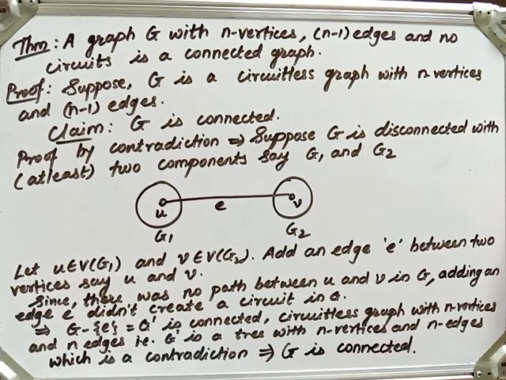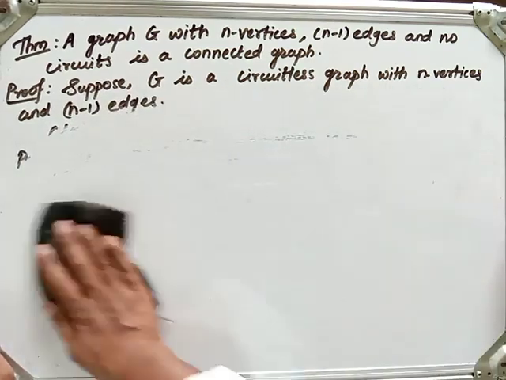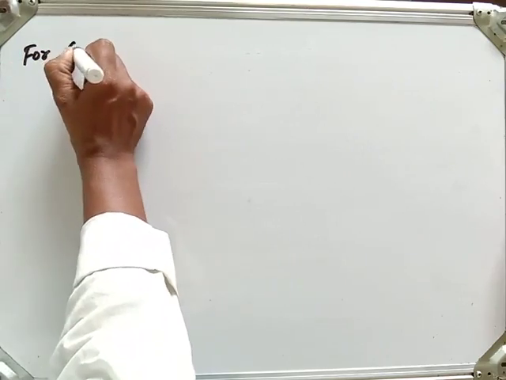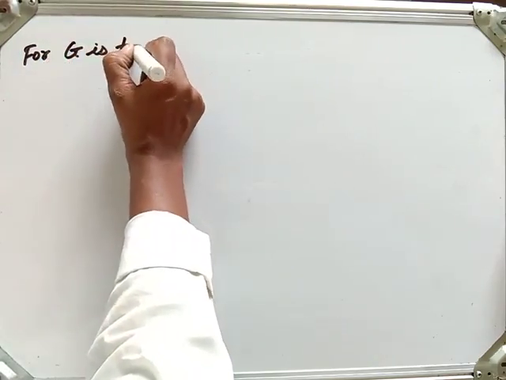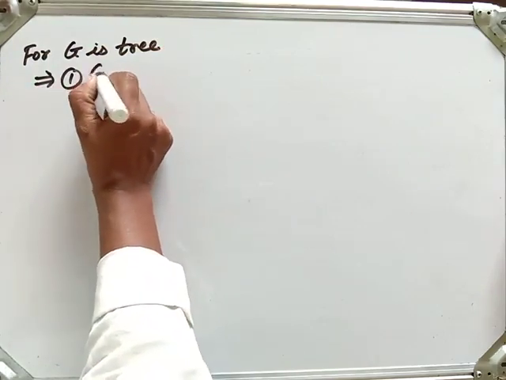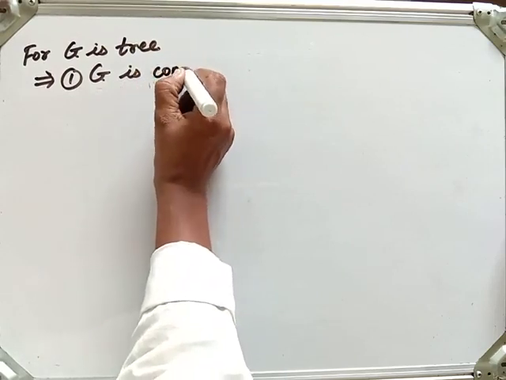Fine. Now from all these statements or all these theorems, G is connected, then we get some equivalent things. Let's write them. What are the equivalent things for G is a tree? For G is a tree, it gives, first thing, G is connected and circuitless.